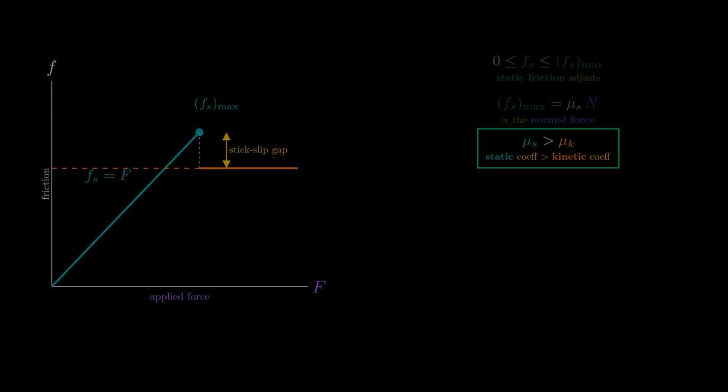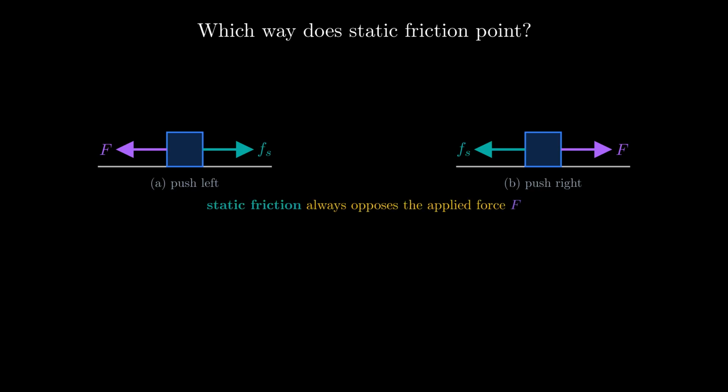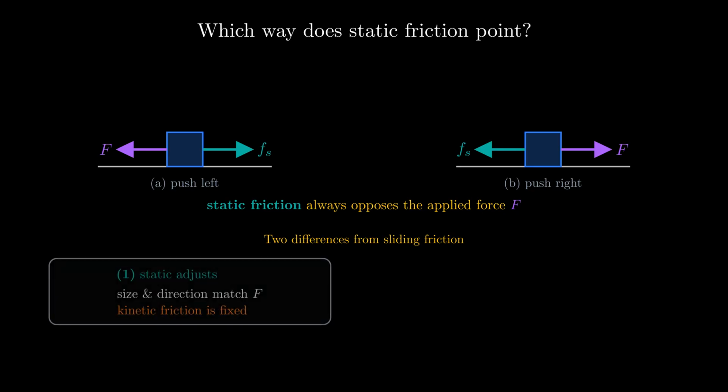Static friction also points wherever it must to oppose you. Push the block left and the static friction points right. Push it right and the static friction flips to point left, always directly against the applied force as long as nothing accelerates. This exposes two differences from sliding friction.